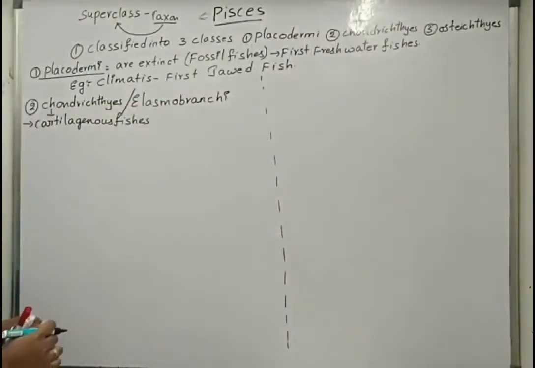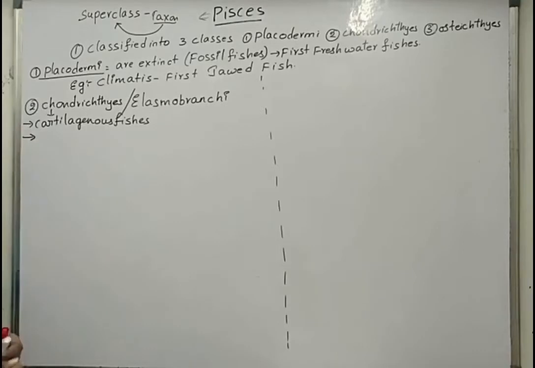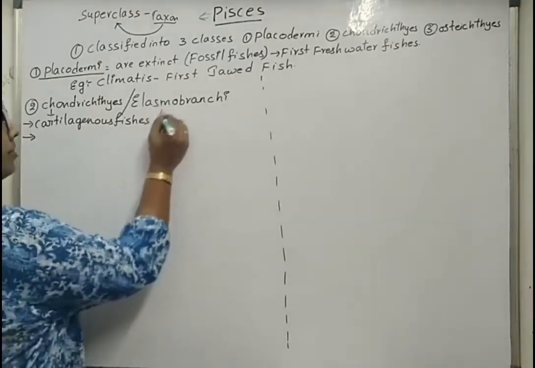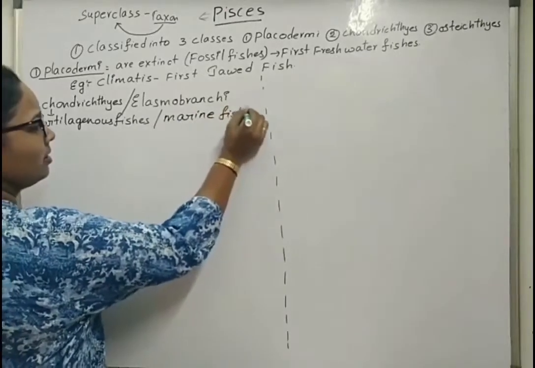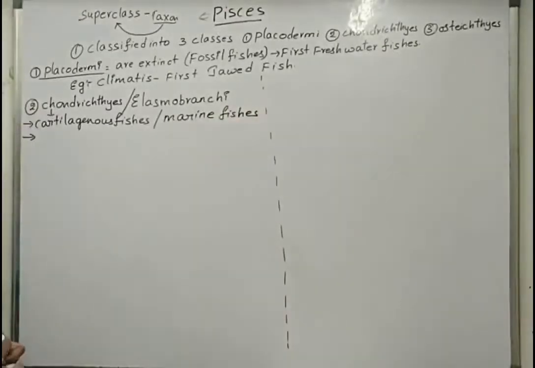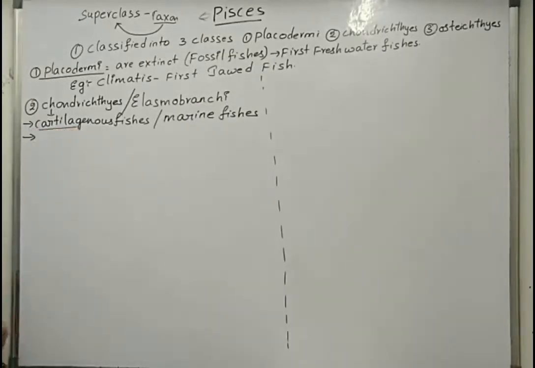So the Chondrichthyes class of fishes is also termed elasmobranchi. Next, they are exclusively marine fishes, and the endoskeleton is made up of cartilage. So they are called cartilaginous fishes.